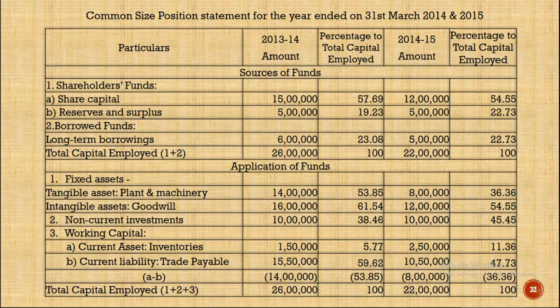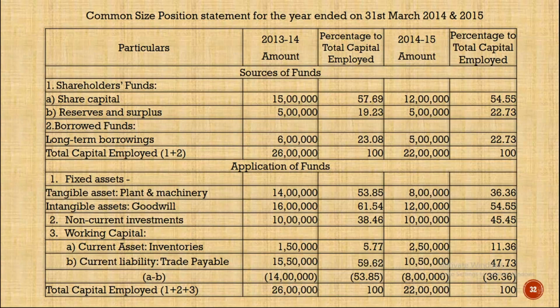In this manner, you have to complete the calculation of sources of funds for 2014, then move to 2015 sources of funds. 22 lakh is the base, and that's why it is written as 100.